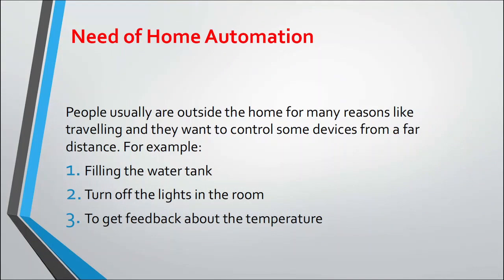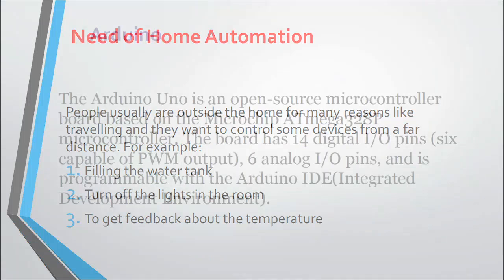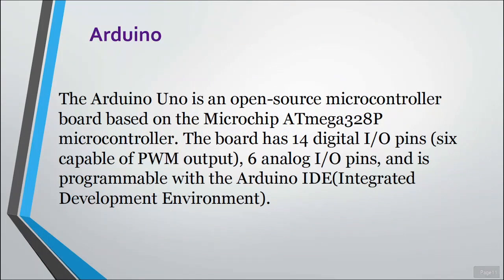Next, what is the need of home automation? People usually are outside the home for many reasons like traveling, and they want to control some devices from a far distance. For example, filling the water tank, turning off the lights in the room, or checking the temperature around the room, etc. So here we implement the project using the Arduino.